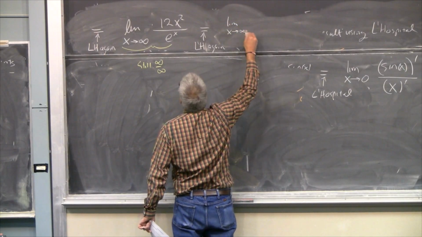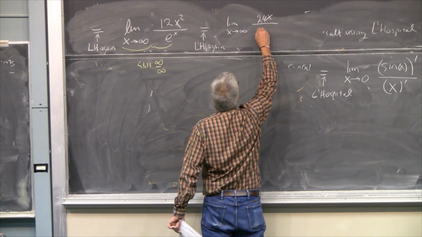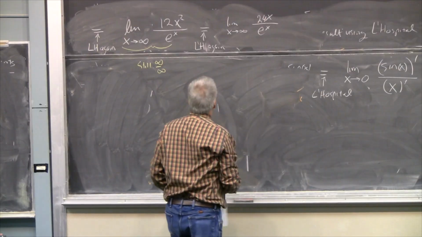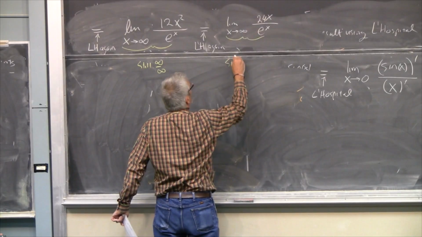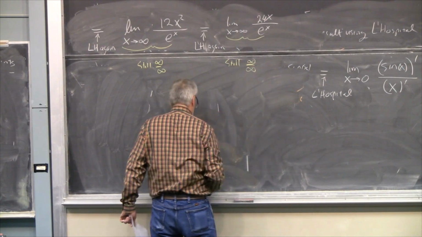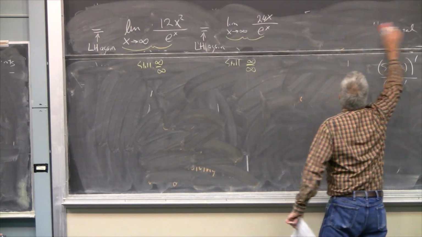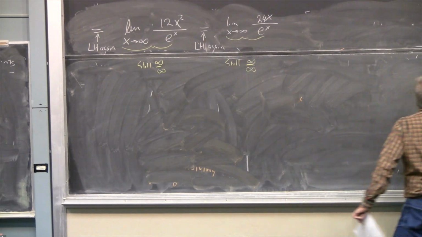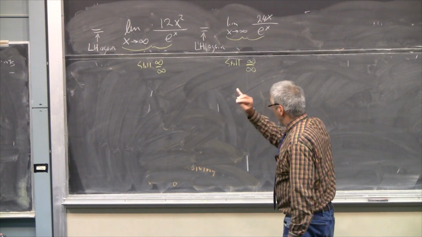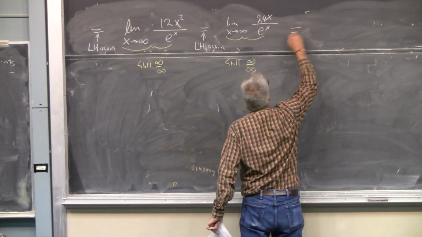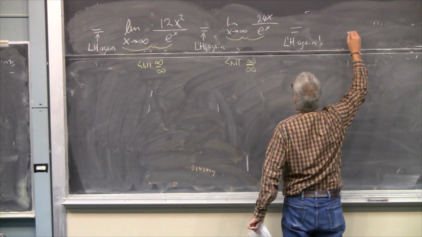In the numerator, I'm going to get 24x and in the denominator I'm going to get e to the x, still indeterminate. So let's see, we've used L'Hopital once, twice, 3, let's use it a 4th time. Got to always copy down the limit expression.